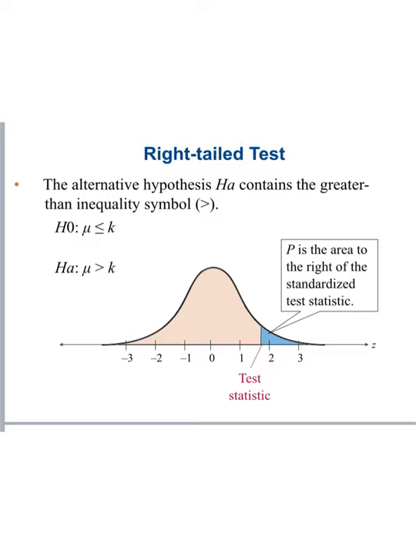Similarly, a right tail test is determined by looking at the alternative hypothesis. If the beak, or arrow, you can think of this as if mu is greater than some value k, points to the right, then you have a right tail test, and your p-value is the area to the right of the standardized test statistic.